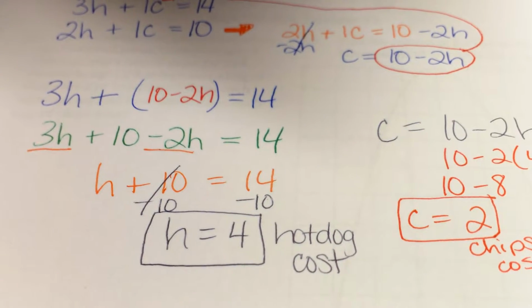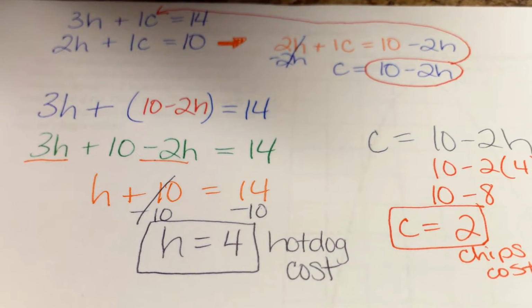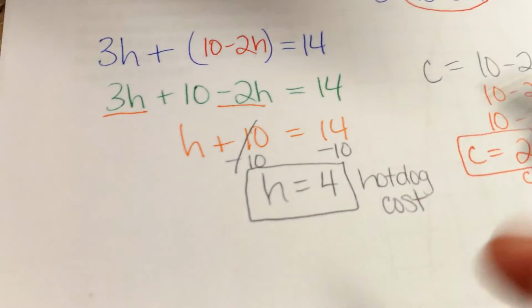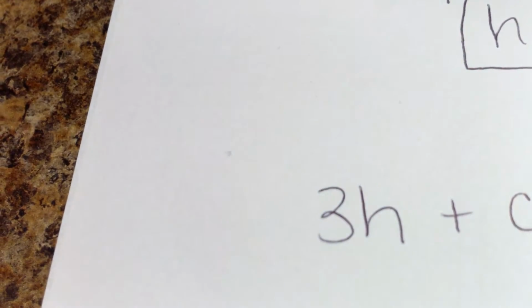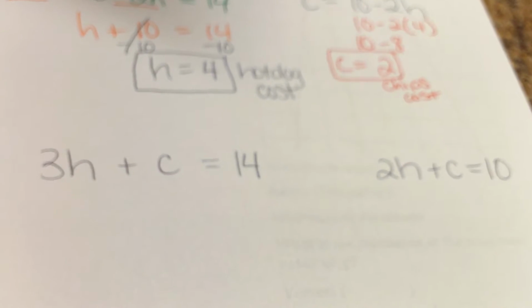Now to see if we got the right answer, what we can do is plug it in and check. So I'm going to go ahead and check our answer. I'm going to rewrite the equations, the ones we wrote at the very beginning up here.